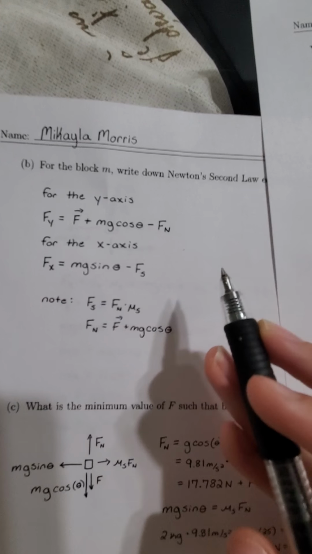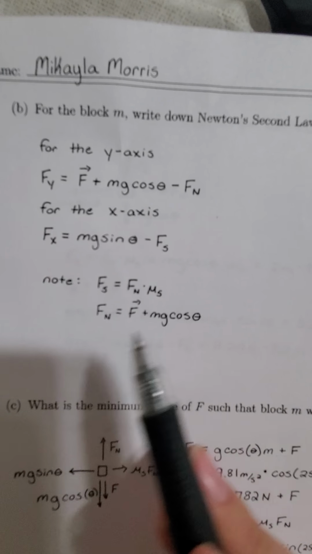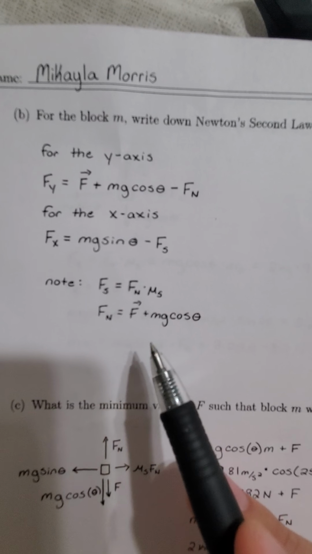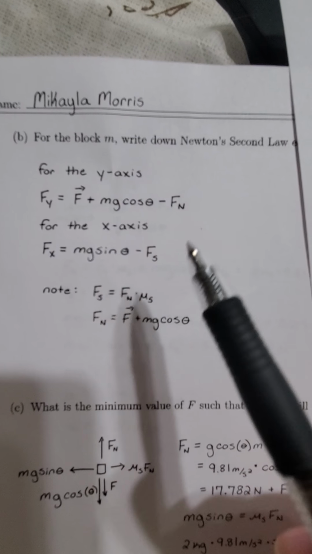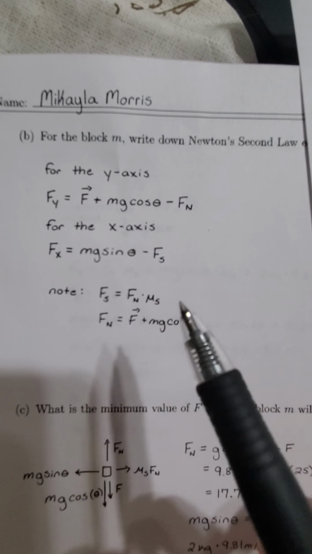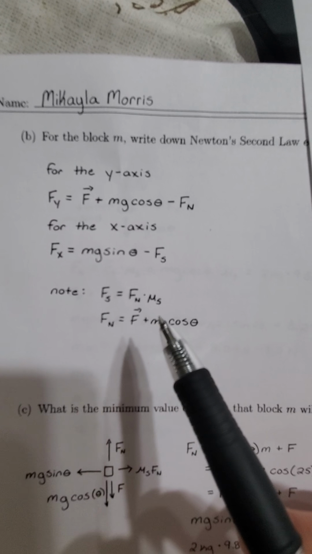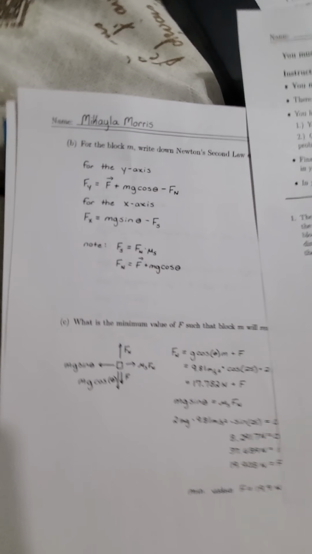And that should also be equal to 0 since it's not moving. And I put little notes on here about what equals what. Like the normal force is equal to the applied force plus mass times gravity times cosine of the angle. And then if you do the normal force times the coefficient of static friction, you get the force of static friction.